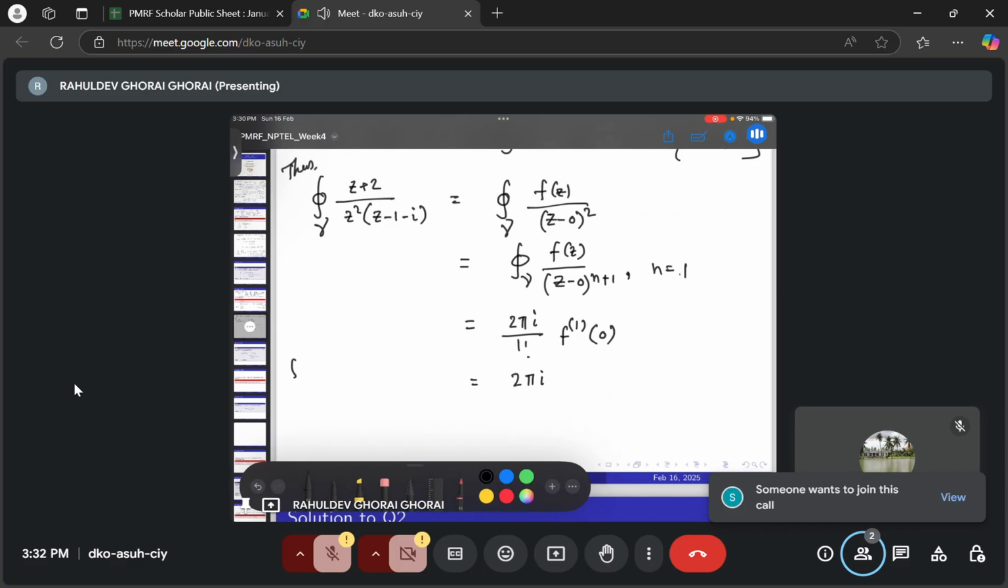f(z) is a nice differentiable function, a polynomial-type function.